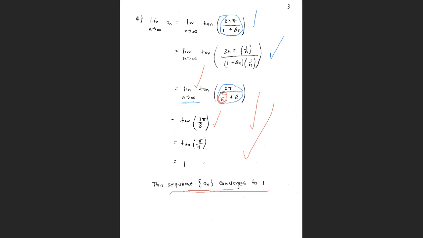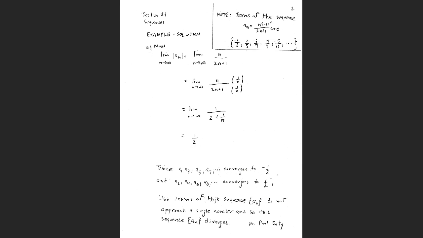And again, on your exam next week, you could be asked to prove the results for a sequence. So you want to get used to doing that. Are there any questions before we move to the next one? Okay, well, let's move to sequence D.